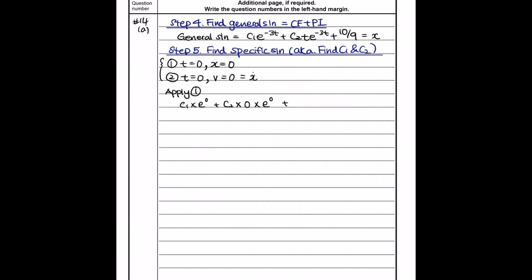Therefore, that's 0, e to the power of 0, plus 10 over 9 is equal to x, which is again 0. Therefore, it simplifies to c1 is equal to minus 10 over 9. So we got one constant from the first boundary condition, but we need a second boundary condition because we want to know our second constant as well.